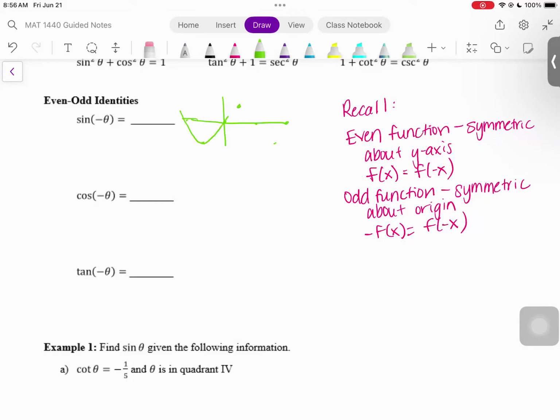And we can sketch that nice curve that we know would continue to repeat itself over and over again. When we see these points reflected about that origin, that tells us that sine of x is an odd function. And so sine of negative theta is equal to negative sine of theta.